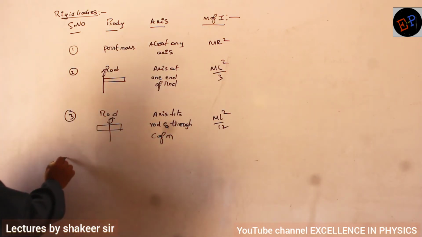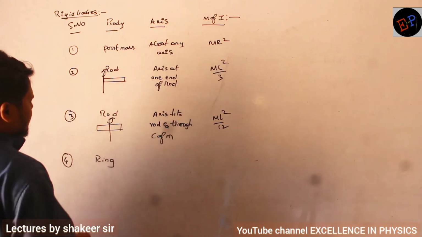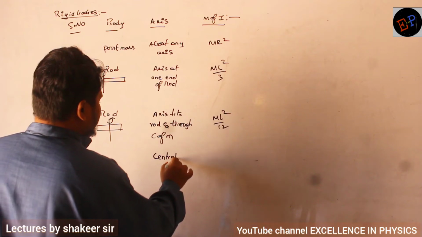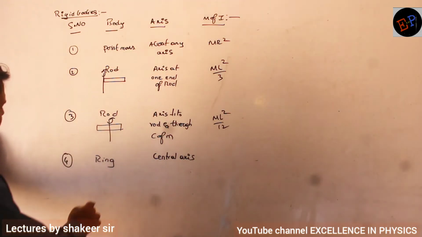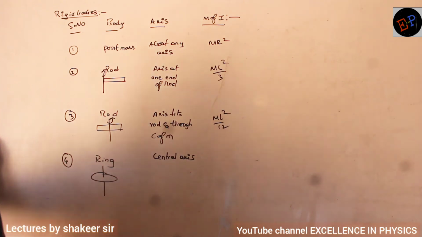Next, fourth one: the ring, about its central axis. What is meant by central axis? This is the ring, and the axis is like this.